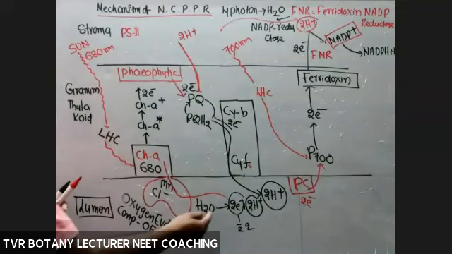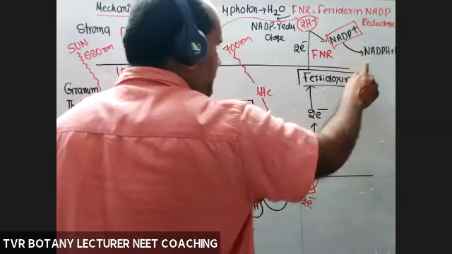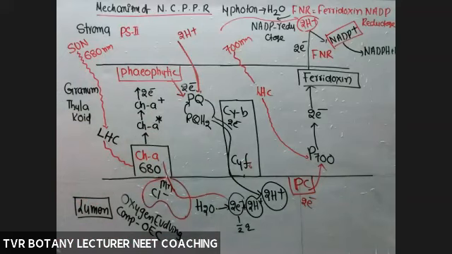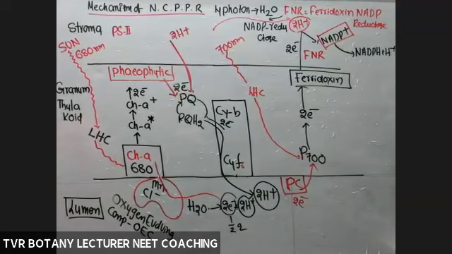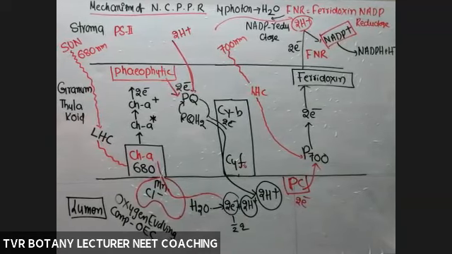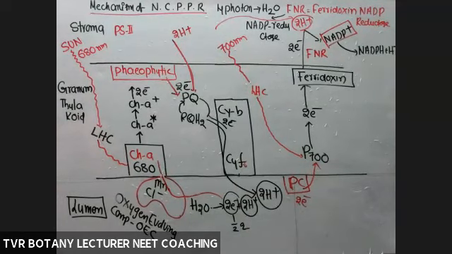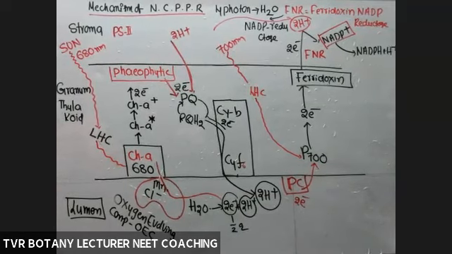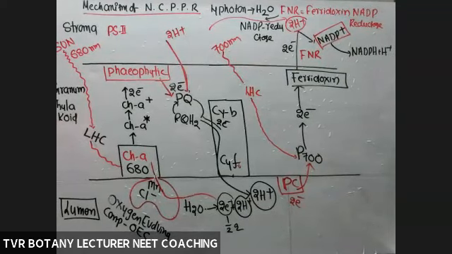So out of photolysis of one H2O molecule, only one molecule of NADP is reduced into one molecule of NADPH plus. Reason: out of one H2O molecule, what about the number of electrons available? 2 electrons only. So 2 electrons along with 2H plus coming from stroma are able to reduce one molecule of NADP into one molecule of NADPH plus.